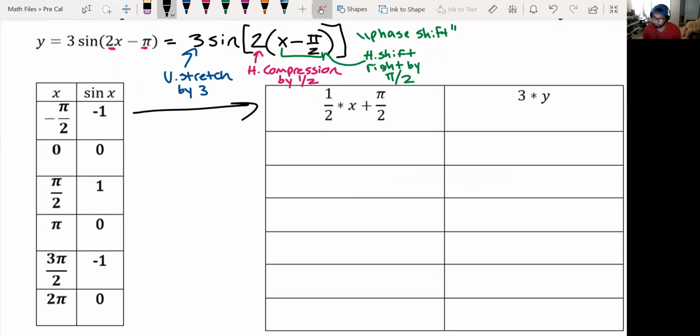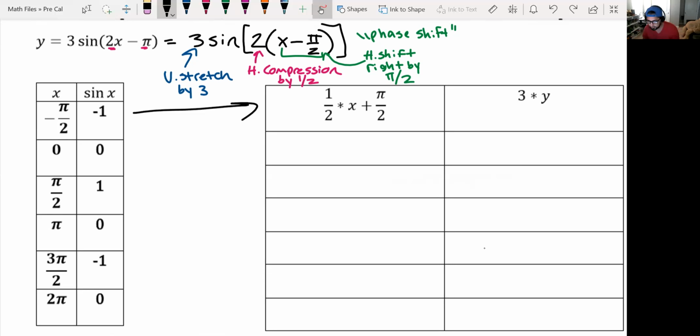So the first type of transformation we have is the horizontal compression by 1/2. That's what I have right here. You're going to take 1/2 and multiply it by all the x values. And then the next transformation, after you compress it by 1/2, you are going to add pi/2. So after we compress it, we shift it to the right pi/2 units. And that's what I have represented here.